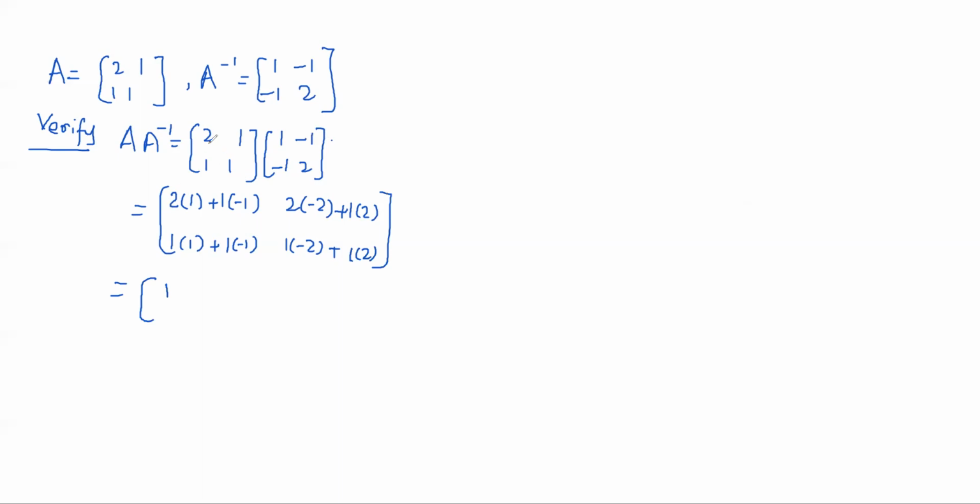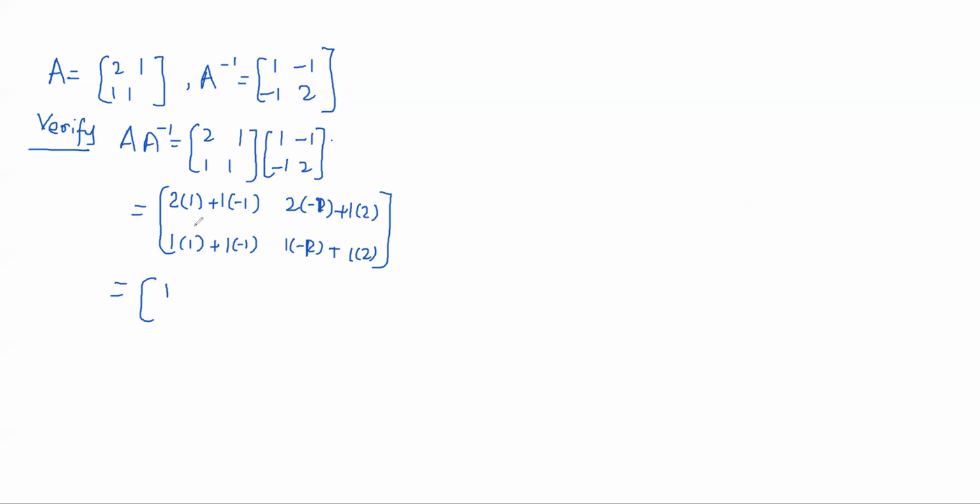So it will be, okay, 2 into 1 plus 1 into minus 1, 2 into minus 1, and then 1 into 2, okay? And then it will be 1 into 1 plus 1 into minus 1 plus 1 into minus 1, so it will be minus 1, and then plus 1 into 2.